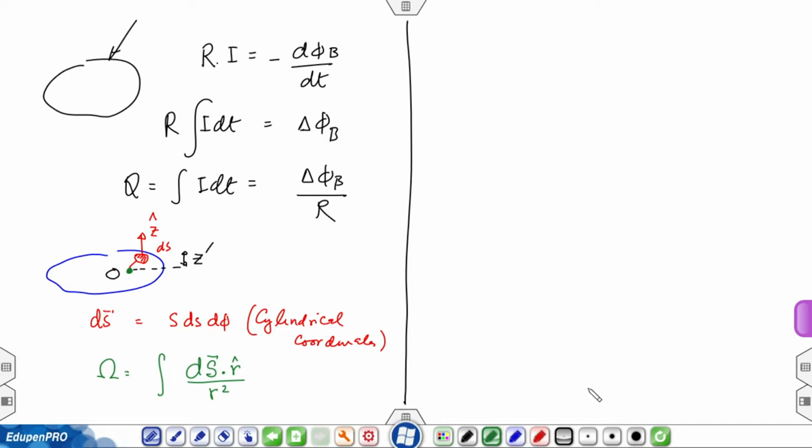Since I am taking the origin right underneath the point where the charge is, I can make things easy.